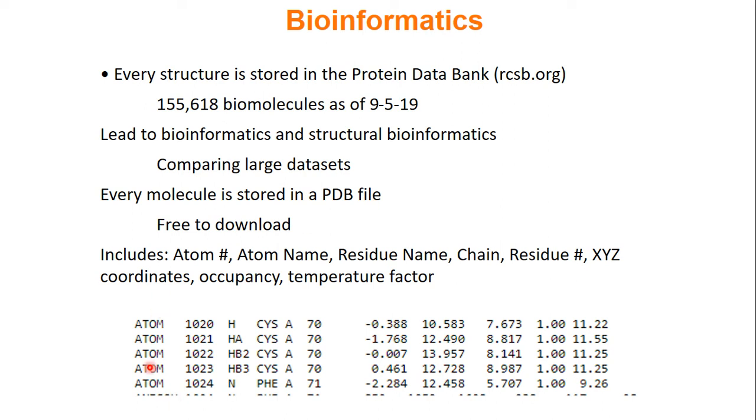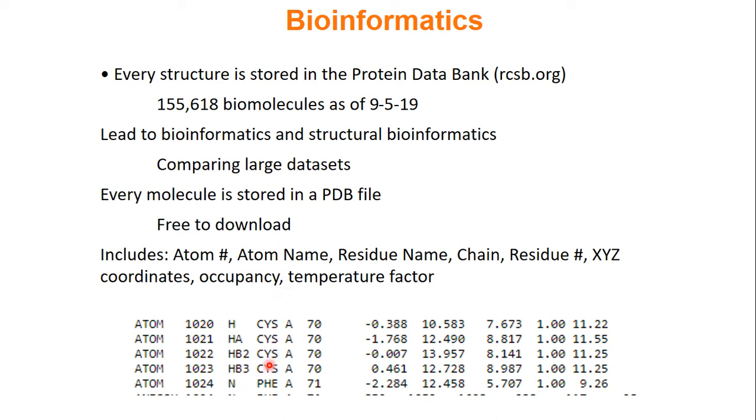You have a line that says ATOM, that's telling you you're looking at an atom. You can have different names here, like HETATM. You generally ignore those and you just want to look at ATOM. What number the atom is, what is the atom's name, so hydrogen on carbon alpha, hydrogen on carbon beta, the second one, the third one, nitrogen.